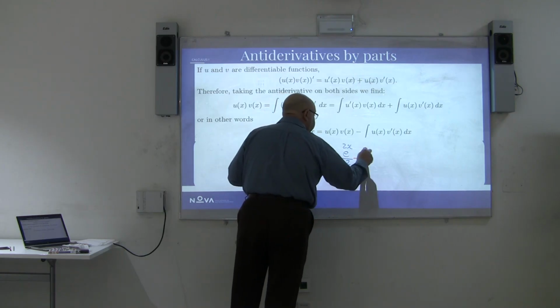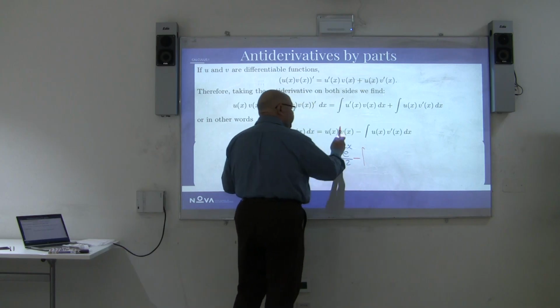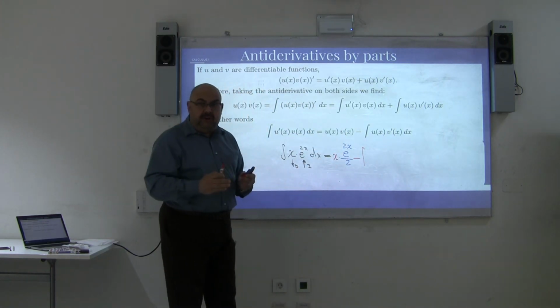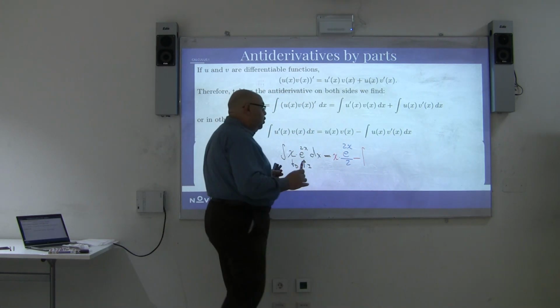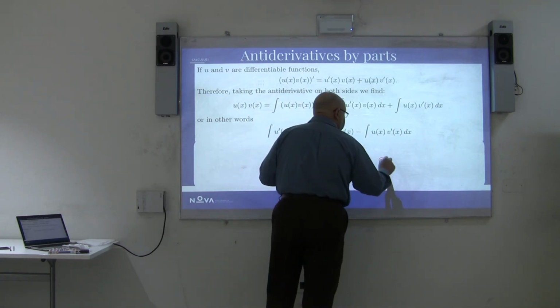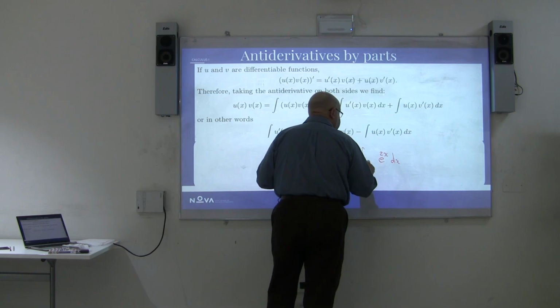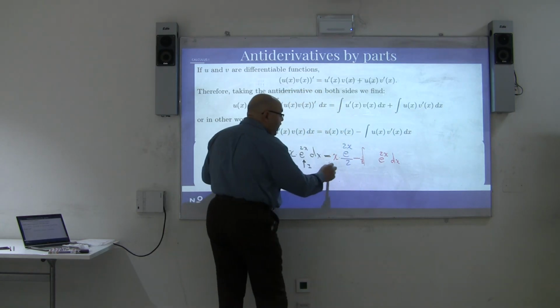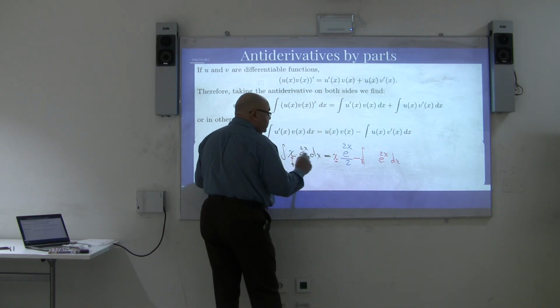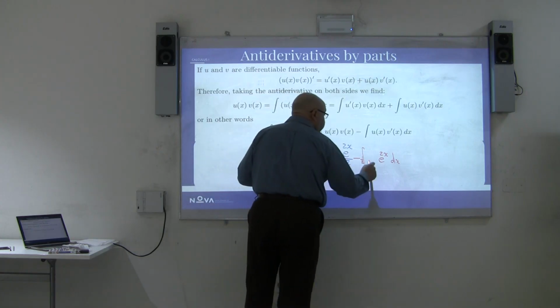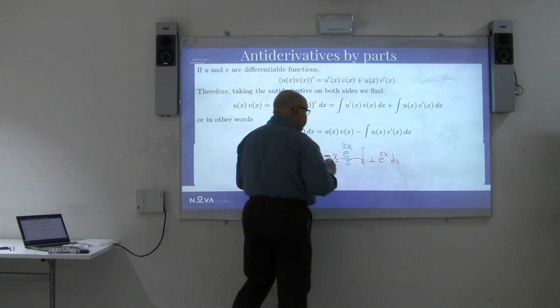Then minus integration. The function that I need to integrate is already done, so it will go down, which is e to the power of 2x with respect to x, and that's the half outside. Then the other function, which is x, I will differentiate. So differentiating x, it will be just 1.